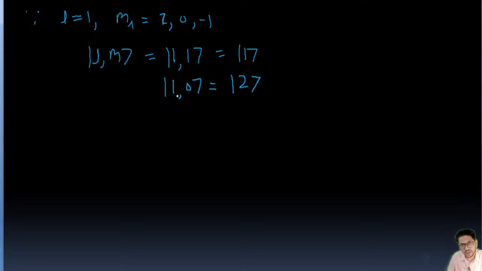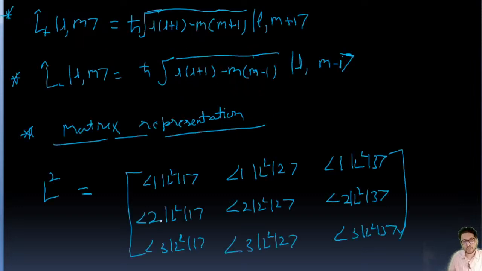And similarly |1 -1>, with l equal to 1 and m equal to minus 1, is denoted by 3. So these are the states: state 1 means |1 1>, state 2 means |1 0>, state 3 means |1 -1>. Now we can put values here instead of 1, 2, 3.